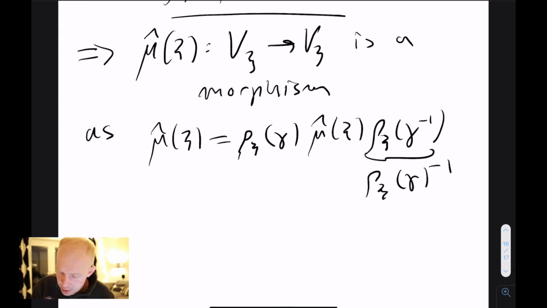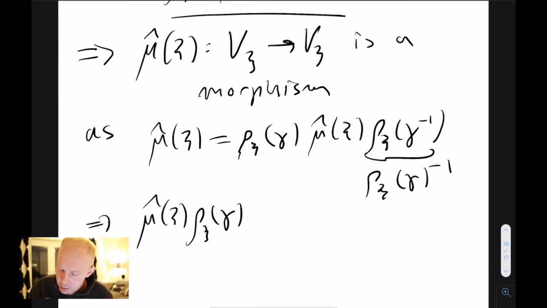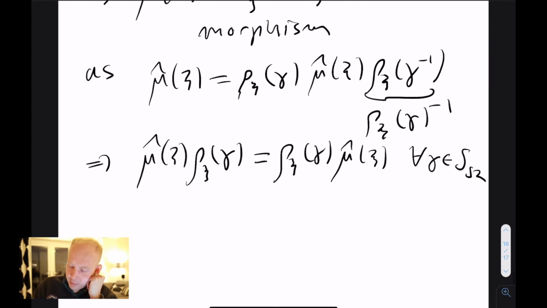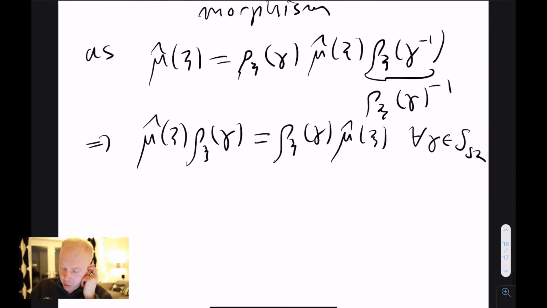So you can multiply on both sides, and if you multiply from the right, we get the Fourier transform of mu times rho psi of gamma is equal to rho psi of gamma times the Fourier transform of mu. This is now true for every gamma in S52. So it's a morphism. That was the definition of the morphism as a mapping.